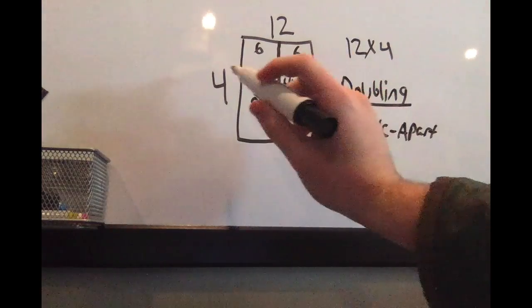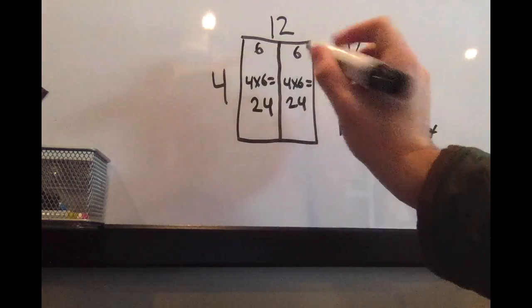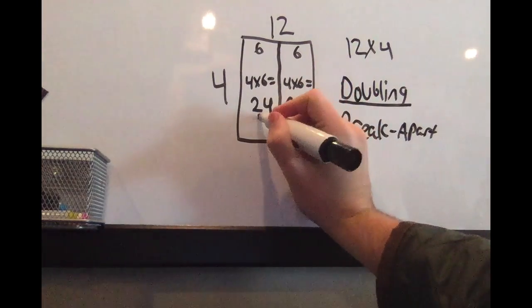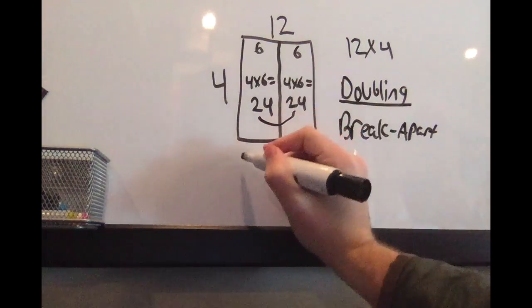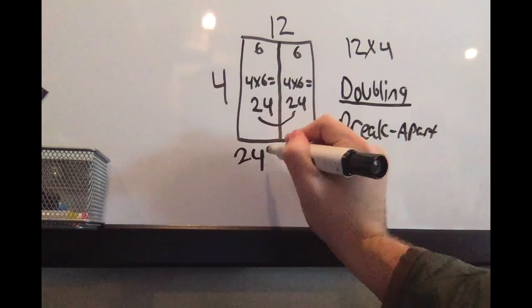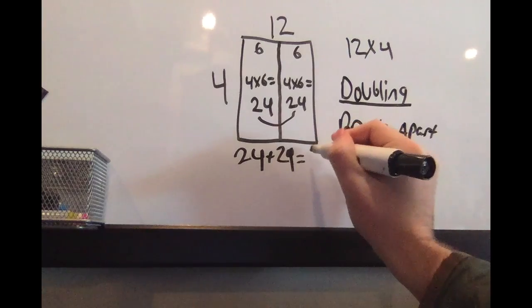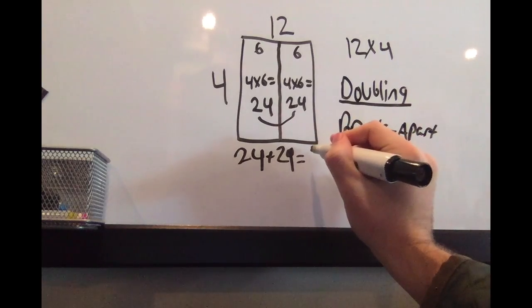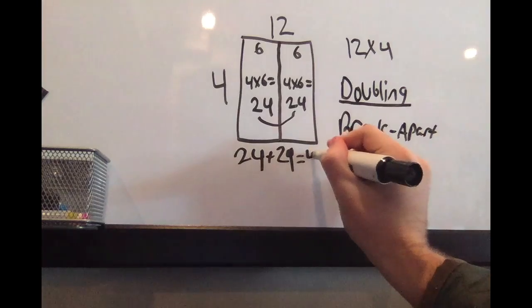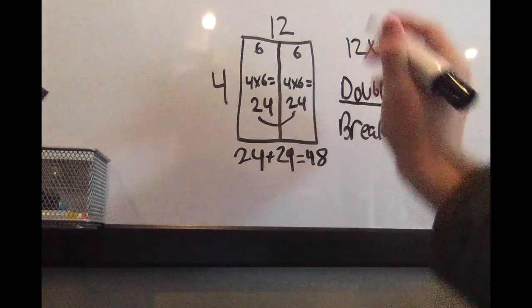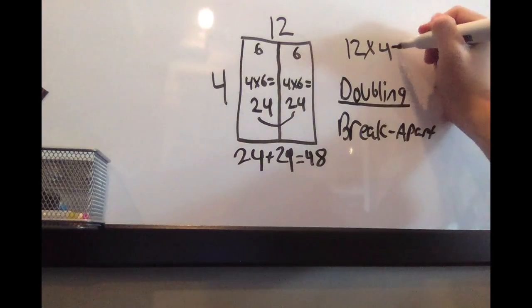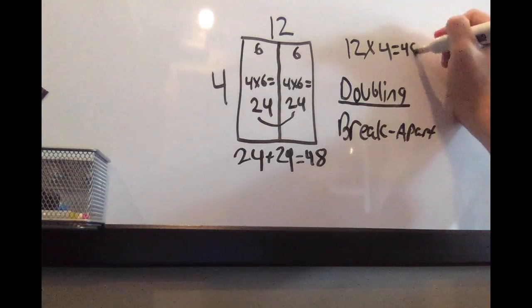Once I have multiplied the 4 by each of these 6's, I can add these two numbers. 24 plus 24 equals what? That's right, it's 48. So we know 12 times 4 equals 48.